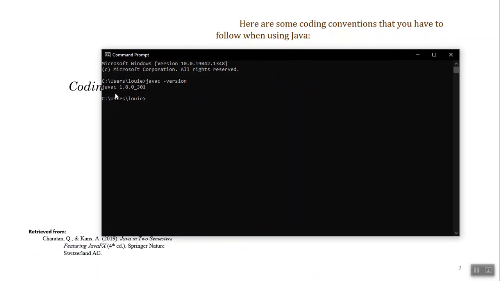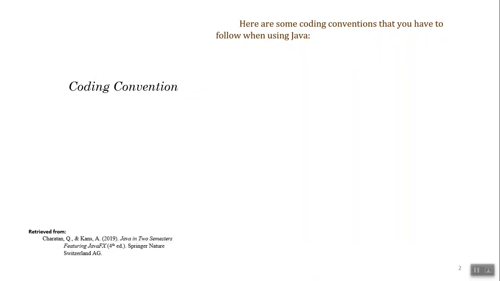In my case, it is Java 1.8.0_301. This means the compiler can be accessed on our computer now. Okay, so let's move on to our coding conventions.